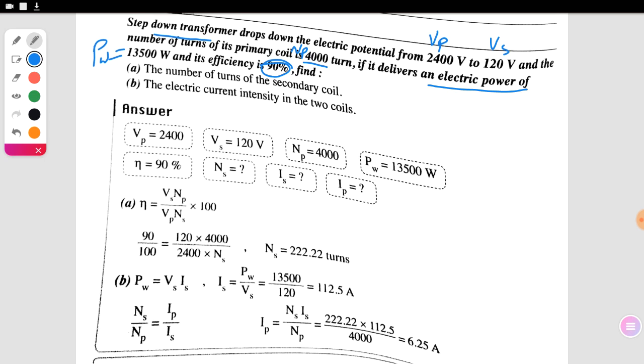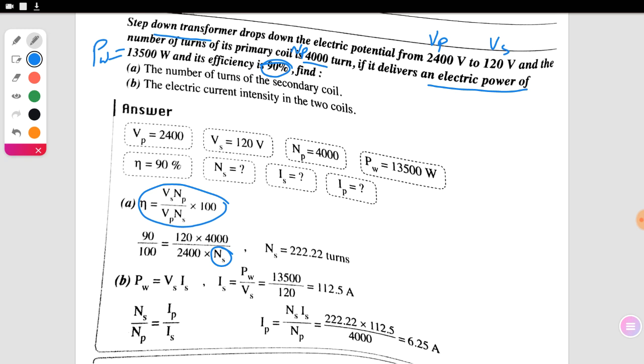The rule of efficiency: eta equals Vs Ip over Vp Is times 100. This is the rule. Efficiency 90%, 90 over 100 equals Vs 120 divided by Vp 2400 times N primary 4000, while N secondary is unknown.